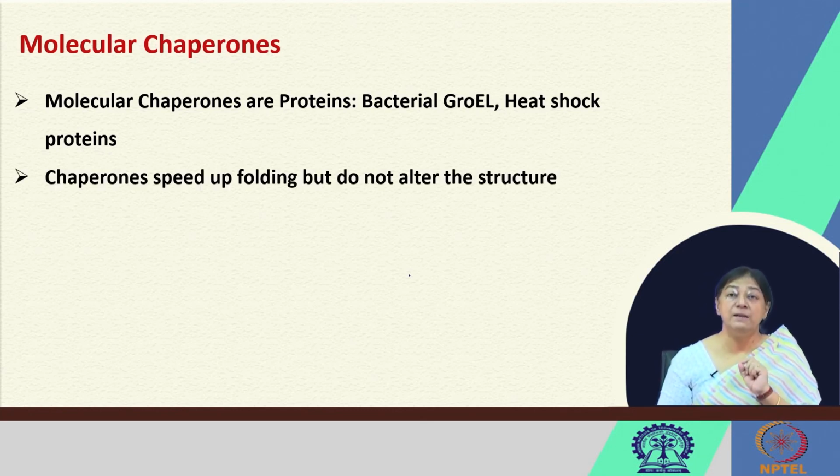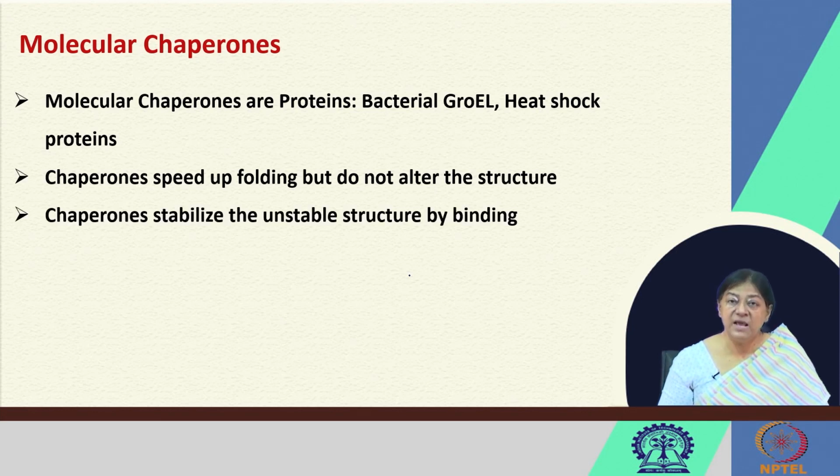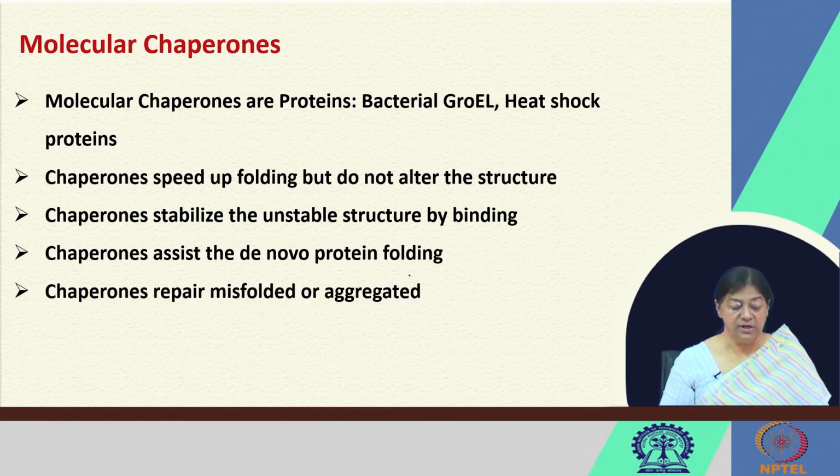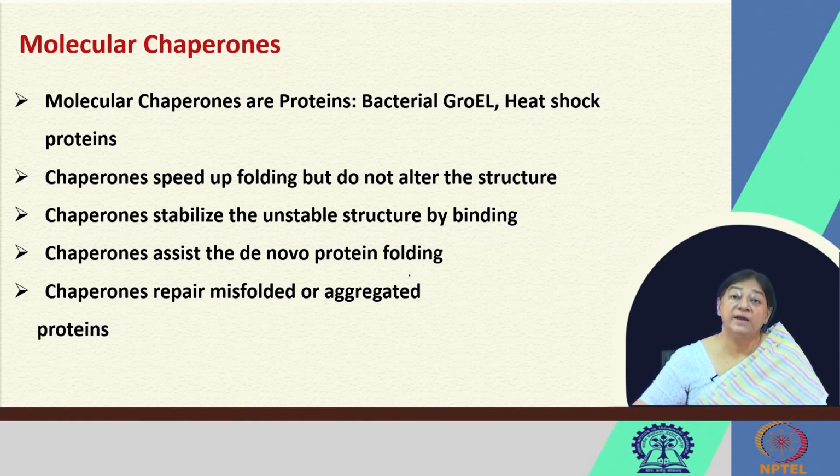So, chaperones help, or they speed up the folding, but they do not alter the structure of the protein. They stabilize the unstable structure by binding to it, and they assist in de novo protein folding. So, molecular chaperones are extremely important in the assistance of folding, because they facilitate folding and they also can repair misfolded or aggregated proteins that actually are the cause for disease.